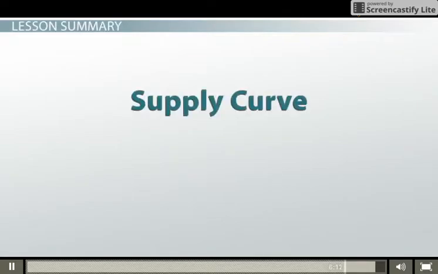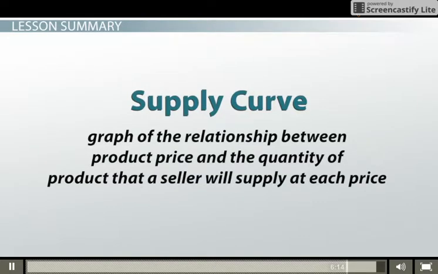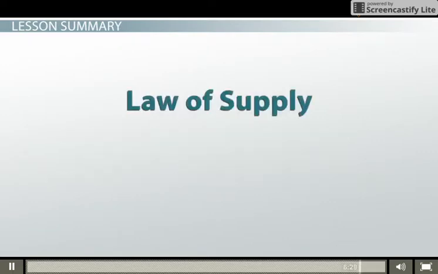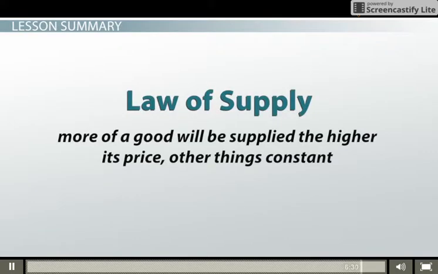In summary, a supply curve is a graphic representation of the relationship between product price and the quantity of product that a seller is willing and able to supply at each price. In most cases, the supply curve is drawn as a slope rising upward from left to right, since product price and quantity supplied are directly related. As the law of supply states, more product will be supplied at higher prices.